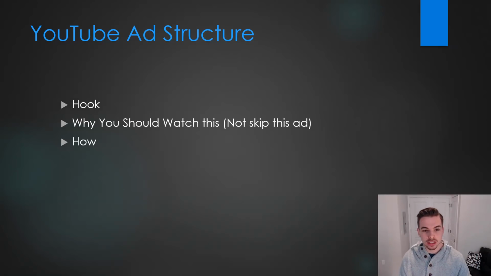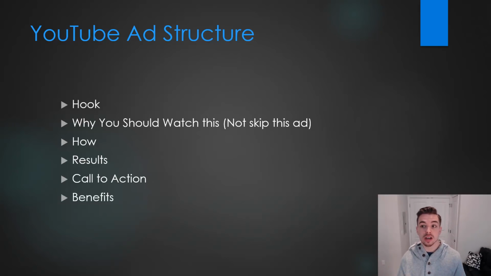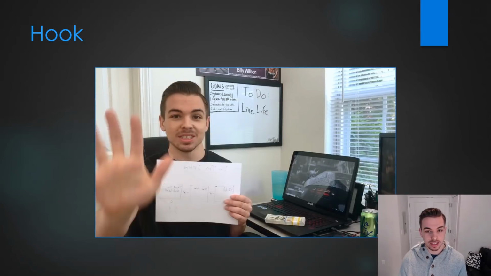And then next, you're going to show them how this works or whatever your ad is about. And then you're going to show some results of your product or some of your people. And then you're going to give a call to action, tell them what to do, and then you're going to maybe cover some of their objections, some benefits of the product, and then you're going to give another call to action at the end. So here's what this looks like in real life.